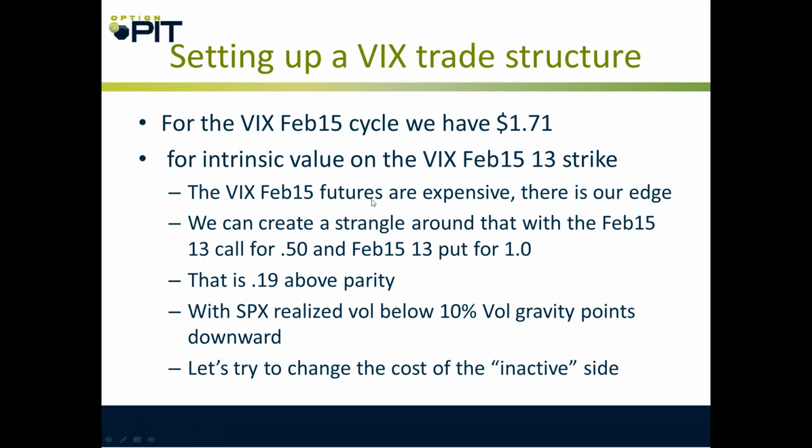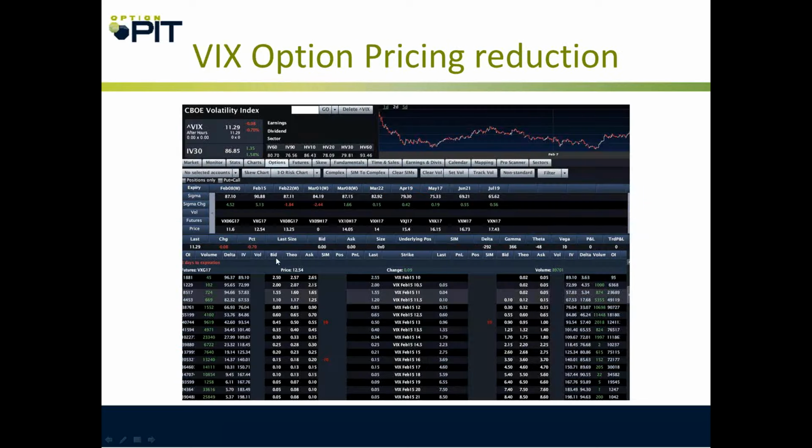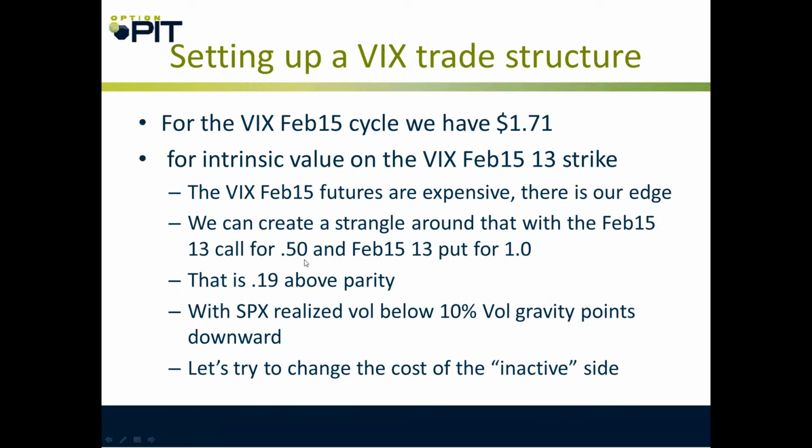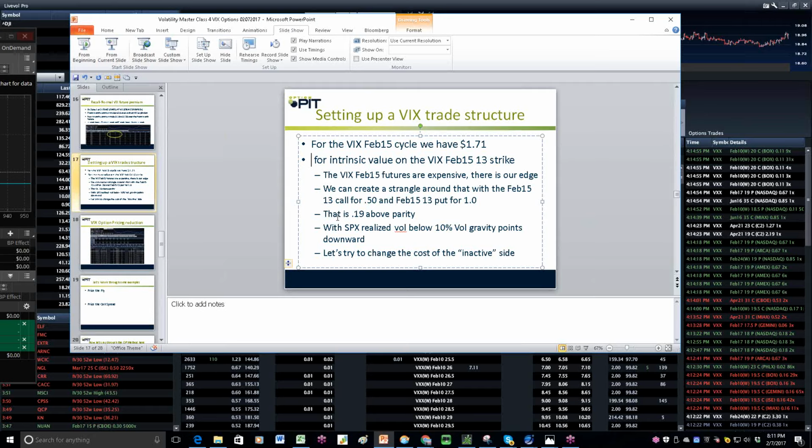So, right, the reason why we have any edge is the futures are still a little expensive. What you're trying to do, if I create a strangle around the two, it's going to cost me $1.50 for the strangle. Which is still below parity. 21 cents.